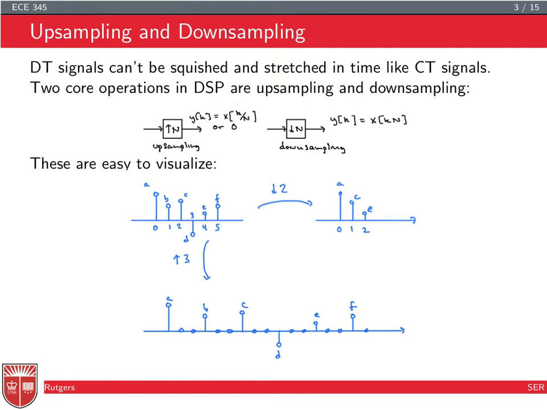So I'm sampling more of the signal, but since I don't have more information to fill the signal with more samples, what I do is add zeros in the places where I don't know what the values are. So for example, if this was a continuous signal, then upsampling would contain more information.